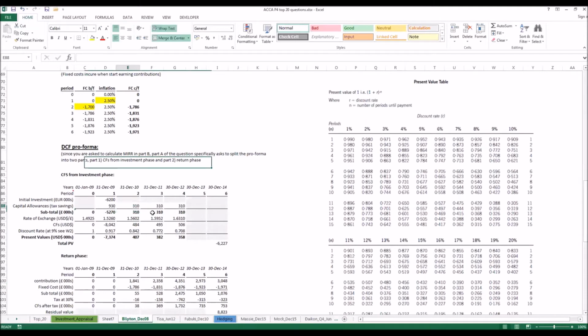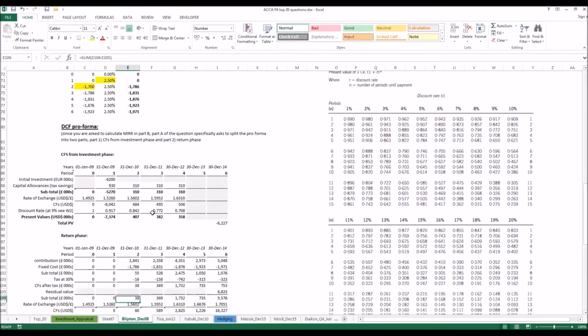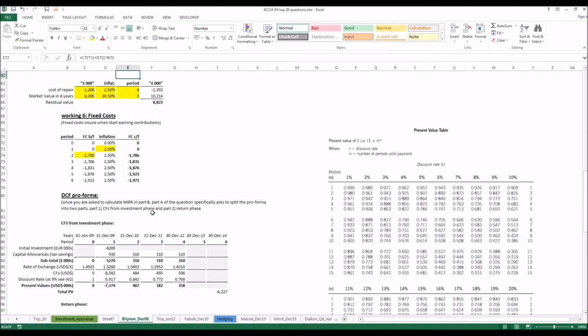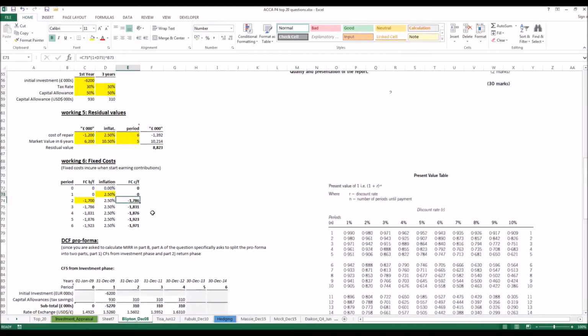Now, we then need to calculate the fixed costs, because we have the variable costs and the fixed costs, so that will be deducted from the contribution to get the profit before tax effectively, and then we apply the 30% tax to get to the cash flows after tax. So the fixed cost is important to calculate, otherwise our present values are going to be overstated.